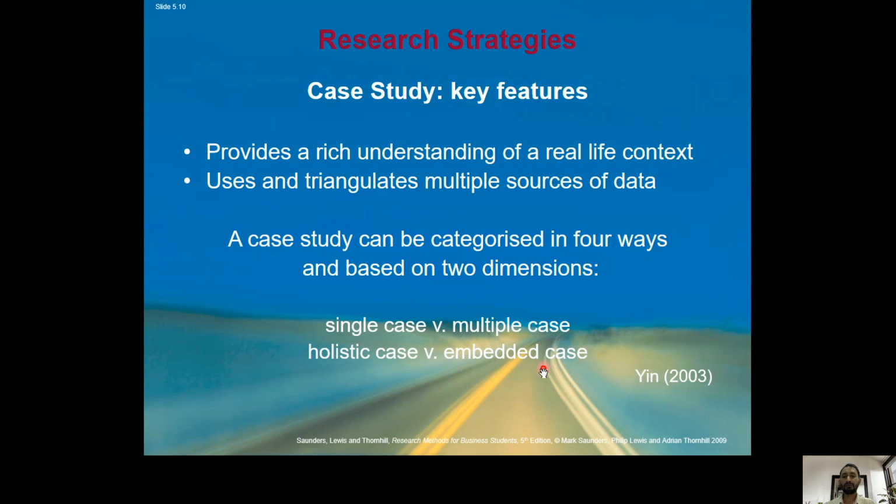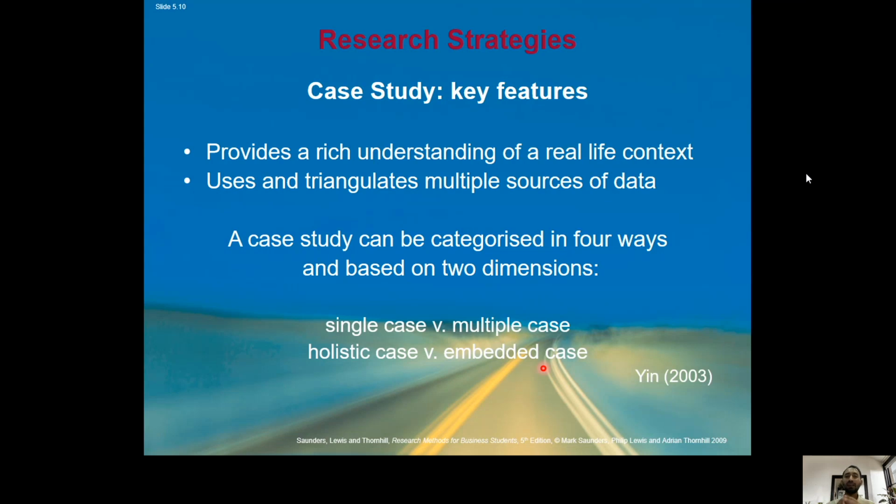One of the problems with the case study is that you cannot collect data from so many different cases, right? So there are problems of generalizability. Why do we do research? We do research because we want to replicate research on other organizations.